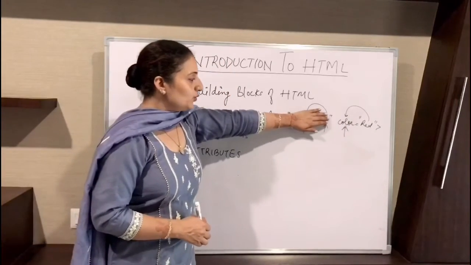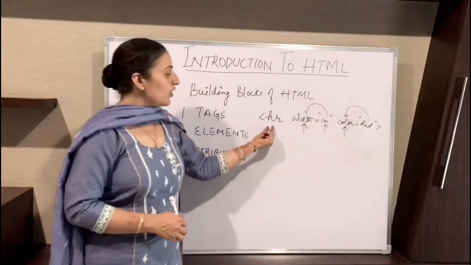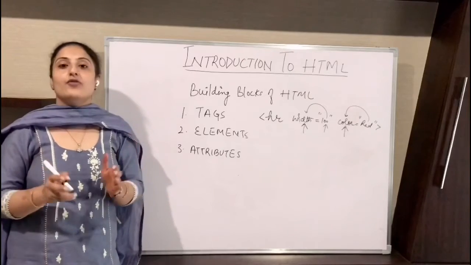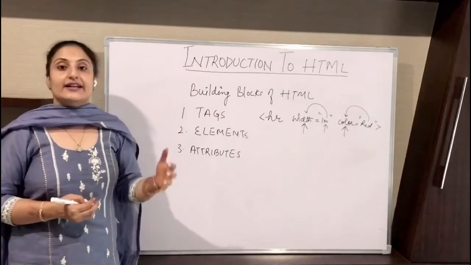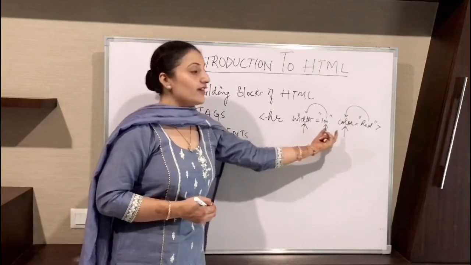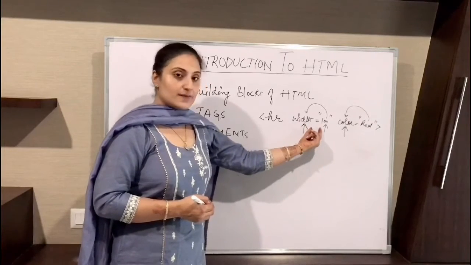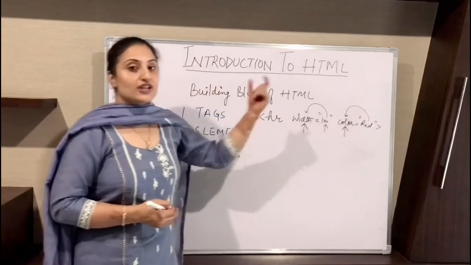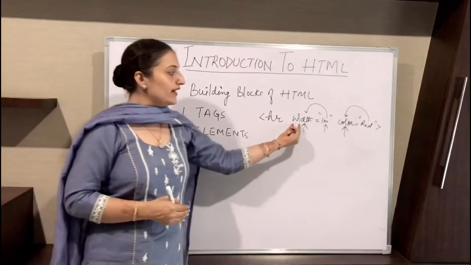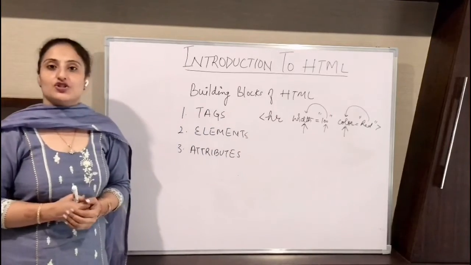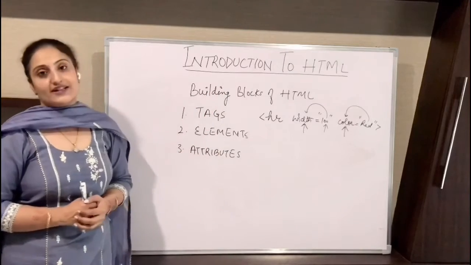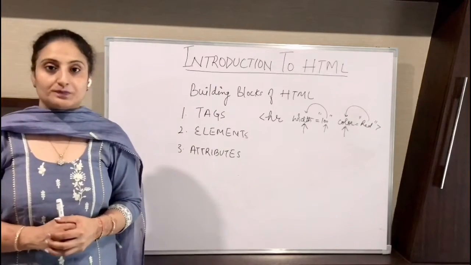If we do not use these attributes, then a horizontal line is displayed on the screen with default settings. If we want to customize those settings, then we need to add some attributes within the tag. Like here we have done, width specified and color specified, which indicates that the setting is changed to width 100 and the color of the line changed to red. This is how the basic building blocks of HTML are used.